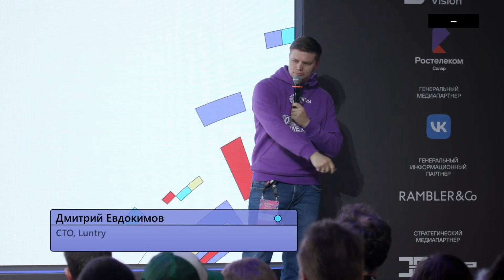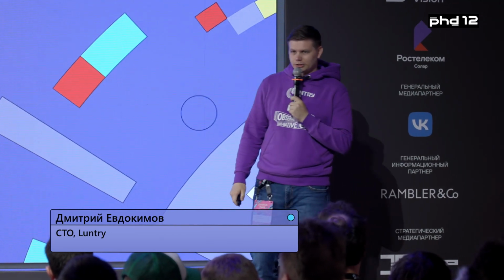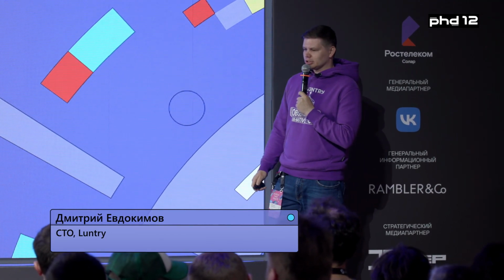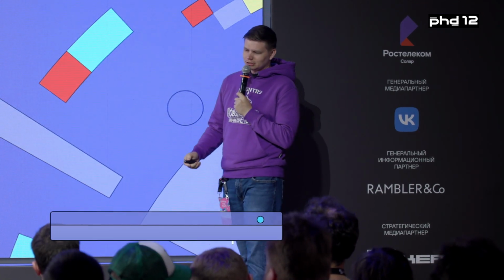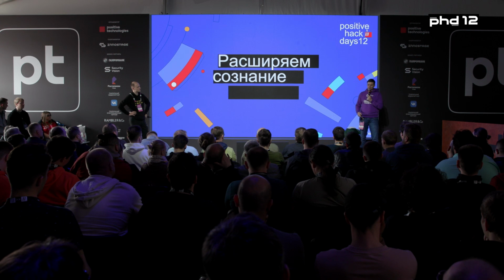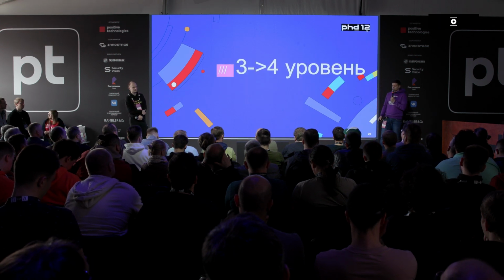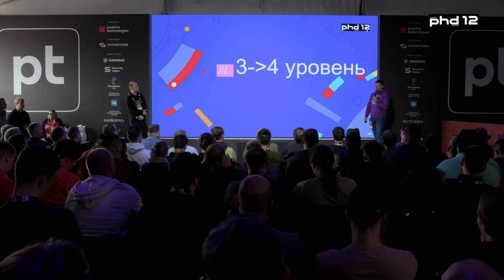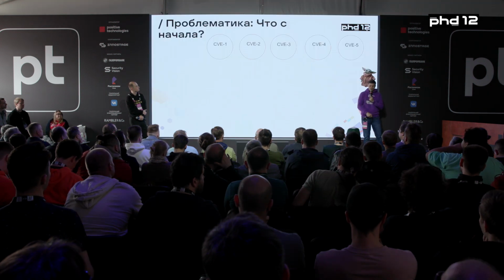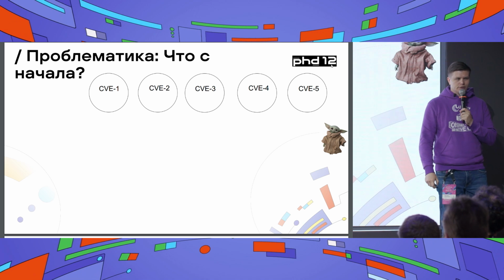So we have a lot of vulnerabilities. They are different. They are complex, and to go higher, let's look at processes, but also with the complex things that you may meet in the process. Let's start with the problem.